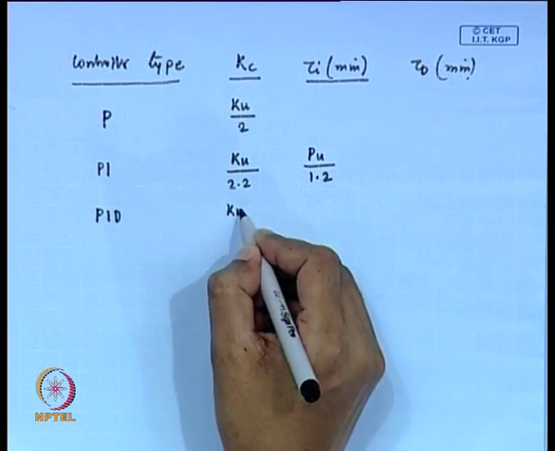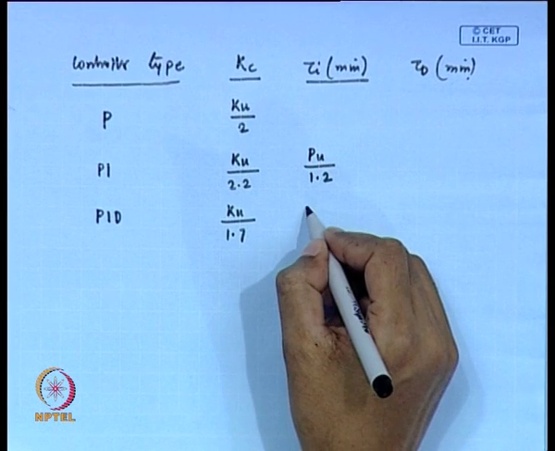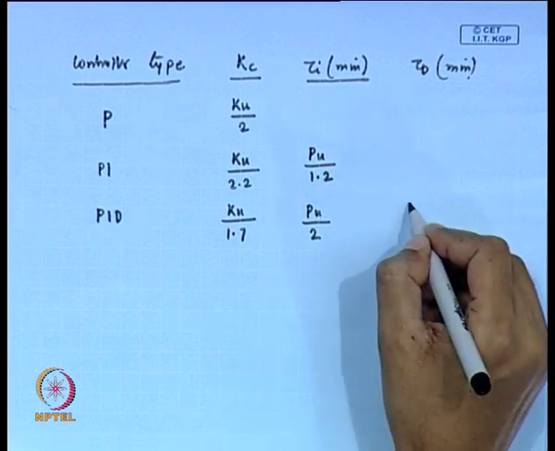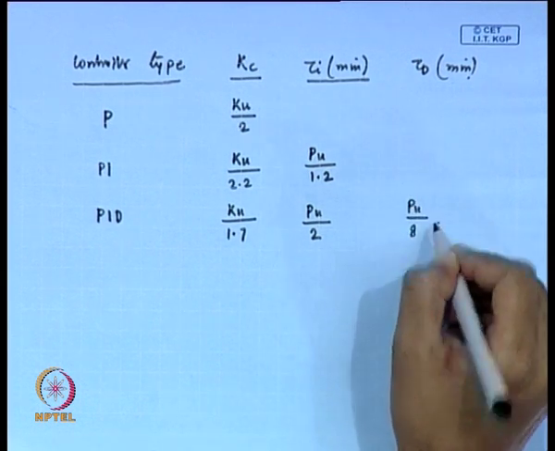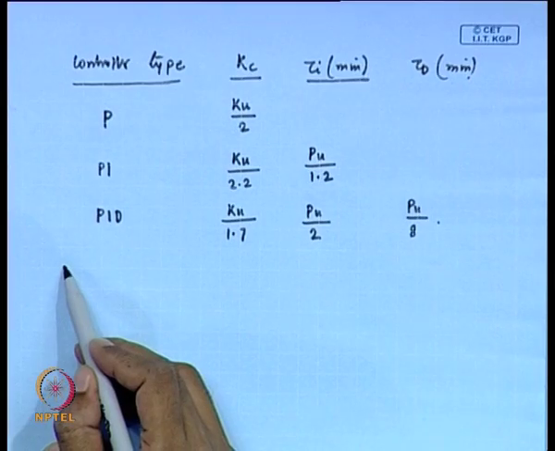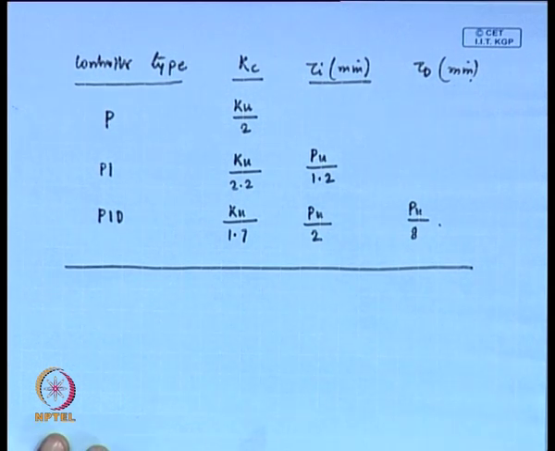For PID controller, Kc is Ku divided by 1.7, tau I is Pu divided by 2, and tau D is Pu divided by 8. You see, all the correlations depend on only Ku and Pu. So, knowing the values of ultimate gain Ku and ultimate period Pu, we can use these correlations recommended by Ziegler and Nichols for finding the control parameter values.